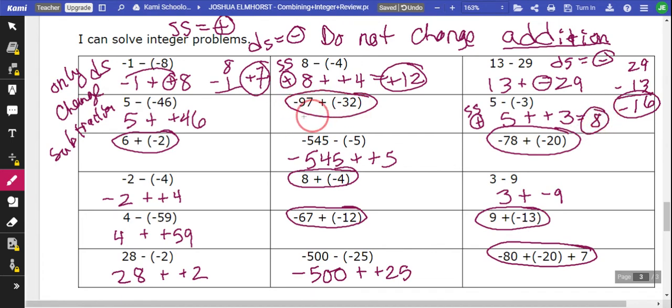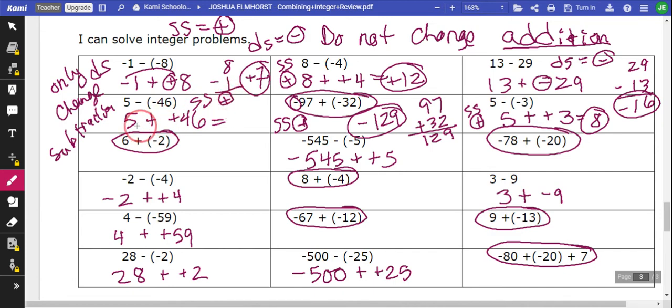So these are same signs. Same signs, we're going to add. 97 plus 32. 9, 1, 2. And then you have negatives, so your answer is negative. Okay, same sign. Same sign means you add.